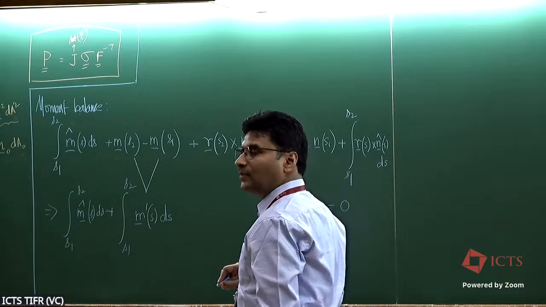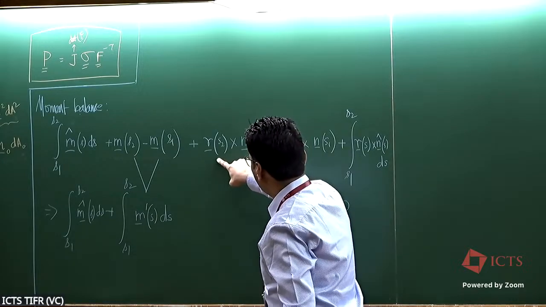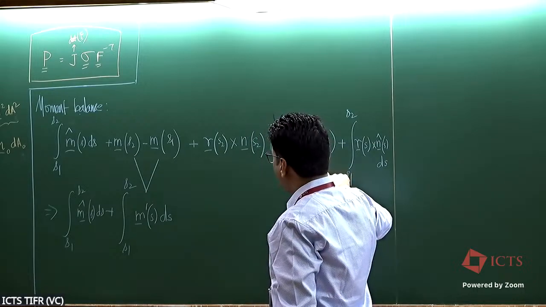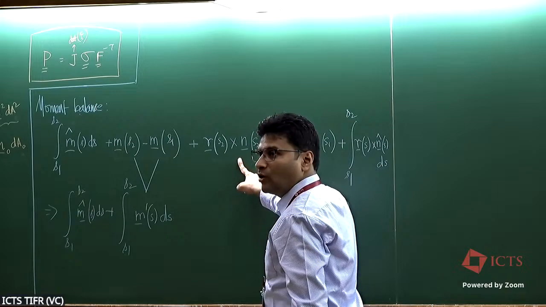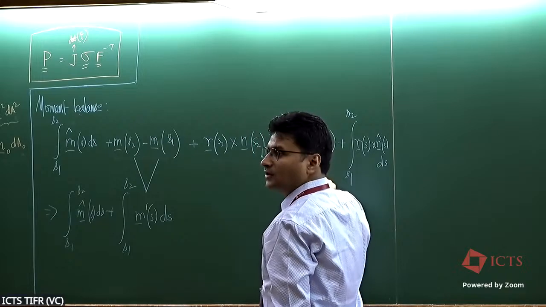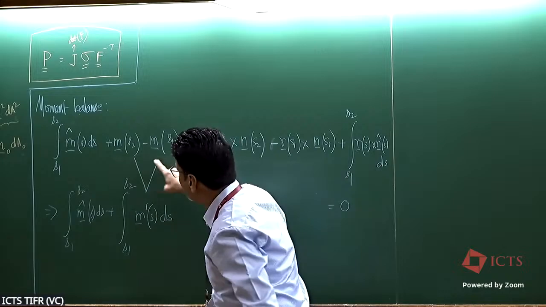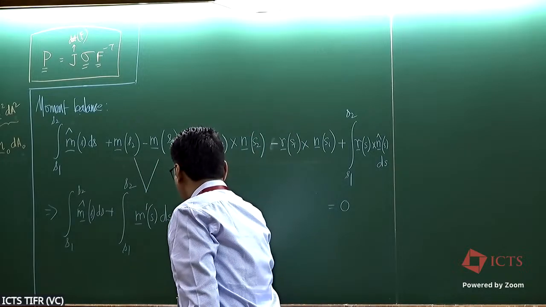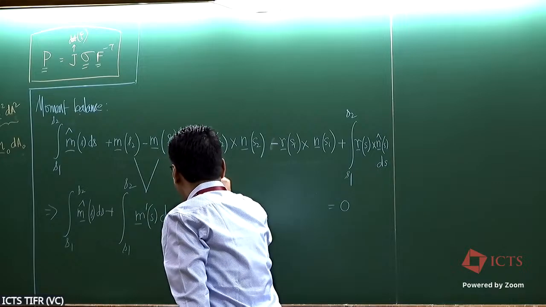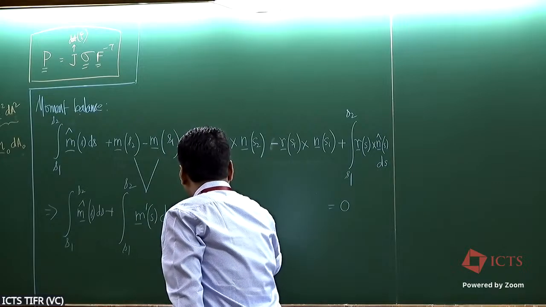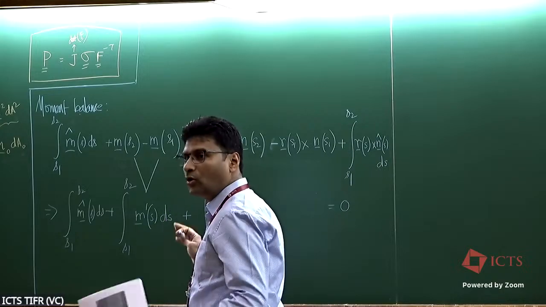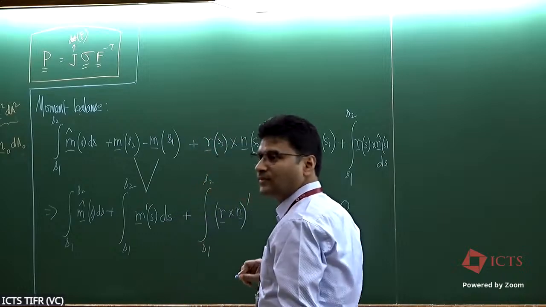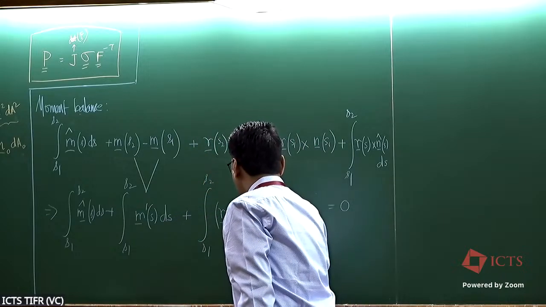In the same breath, you can also see that these two terms are evaluated at the endpoints S2 and S1. Just as you did for these two terms, you can do the same thing for these two terms. And you can write it as the integral from S1 to S2 of r cross n, whole prime, ds.